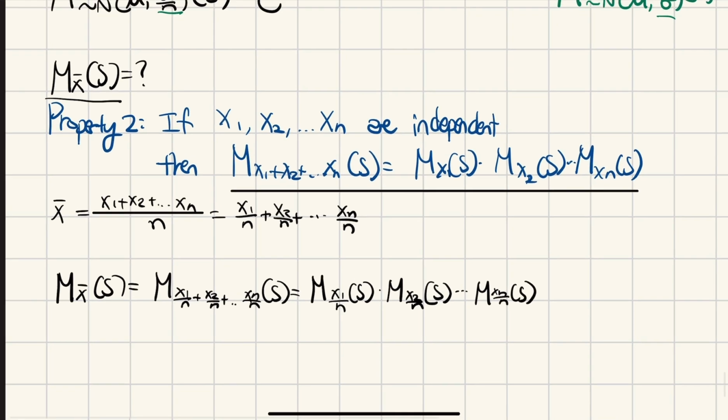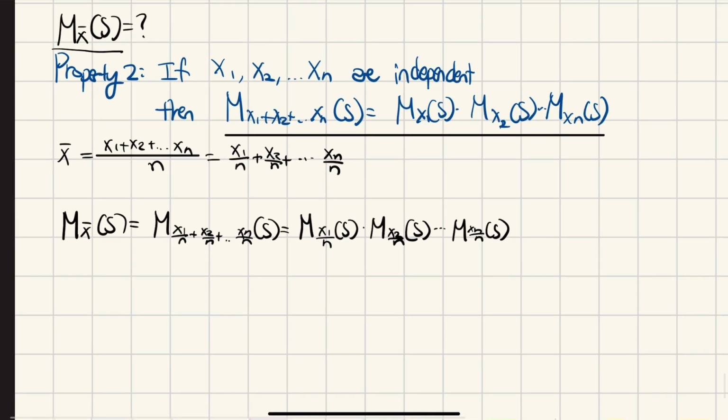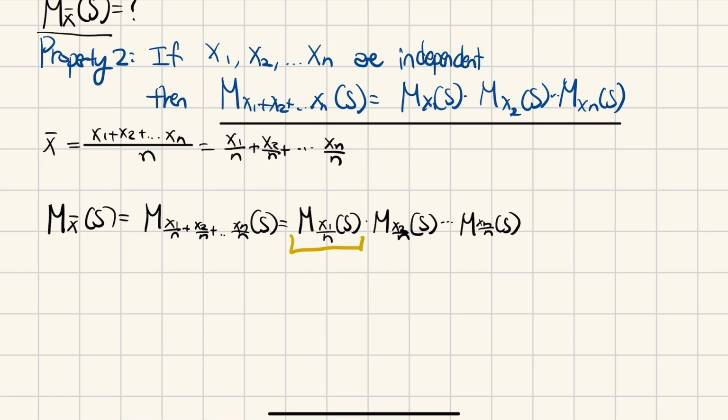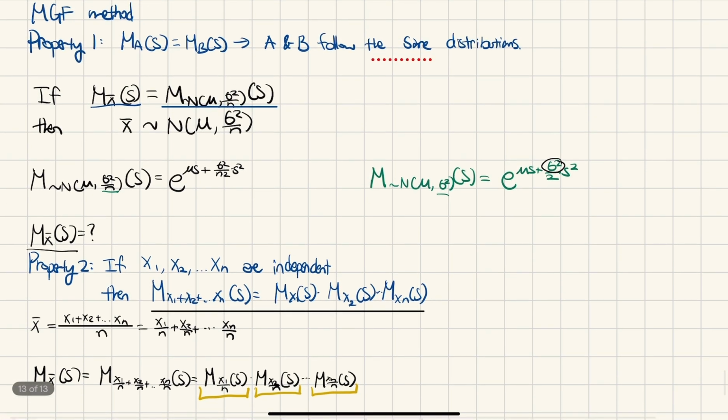This is because we already know from the prompt that x1 to xn are independent, and thus x1 over n, x2 over n, etc. must also be independent because n is just a constant. And we also know that these are basically the same because x1, x2, etc. follow the same distribution, which means x1 over n, etc. also follow the same distribution.